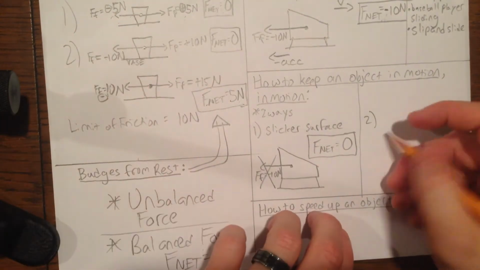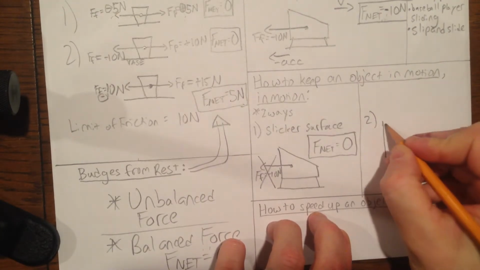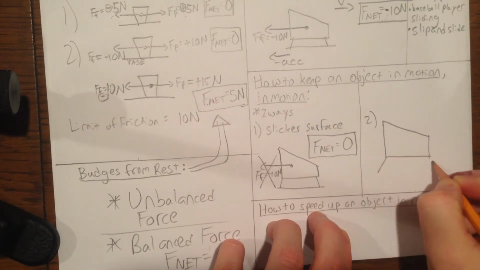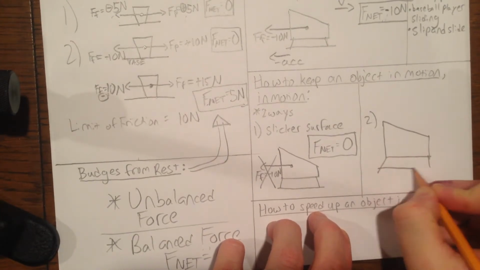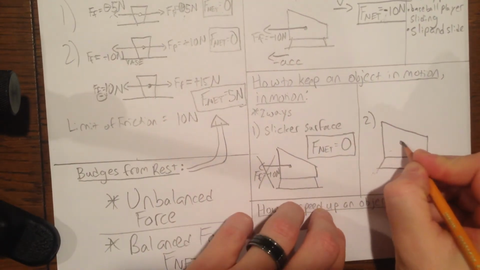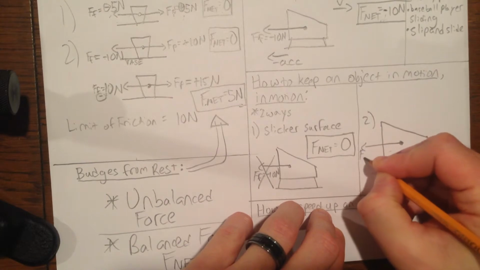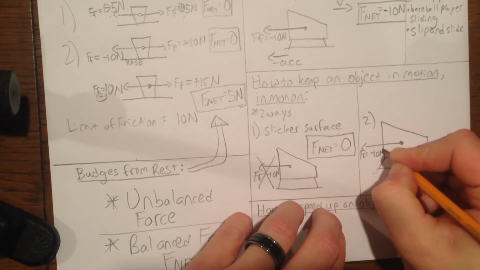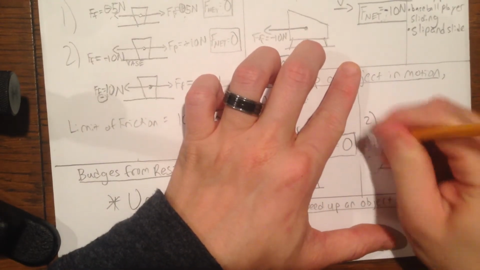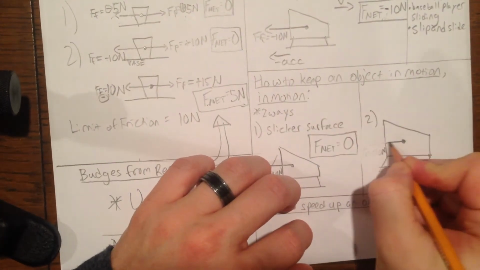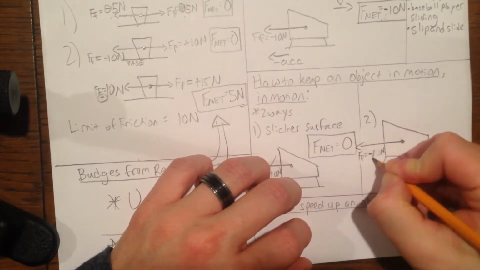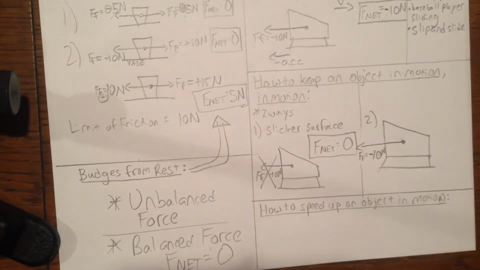But the second way to do it, much more practical, is to use this concept of balanced forces. Take your sled, right, and there's always going to be that friction force slowing it down if it's sliding there, negative 10, right? There's always going to be that. Force of friction equals negative 10 newtons.